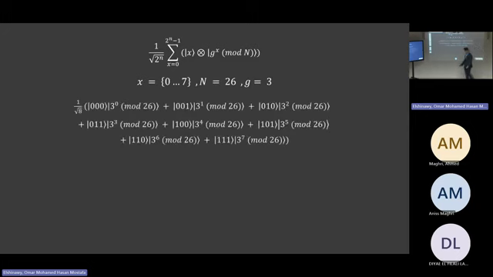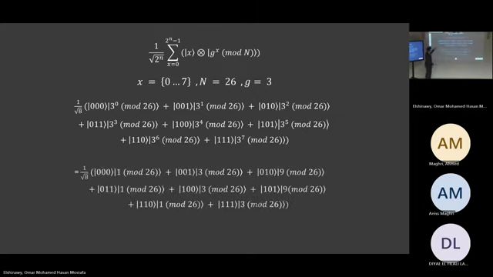It should give, from again our state, 1 over square root of 8 times |0>|2^0 modulo 26>, |1>|2^1>, |2>|2^2>, 3, 4, 5, 6, 7, all the way to 7. And then just calculating the powers, this would give, notice the periodicity, 1, 3, 9, 1, 3, 9, 1, 3. Again, due to the modular properties.